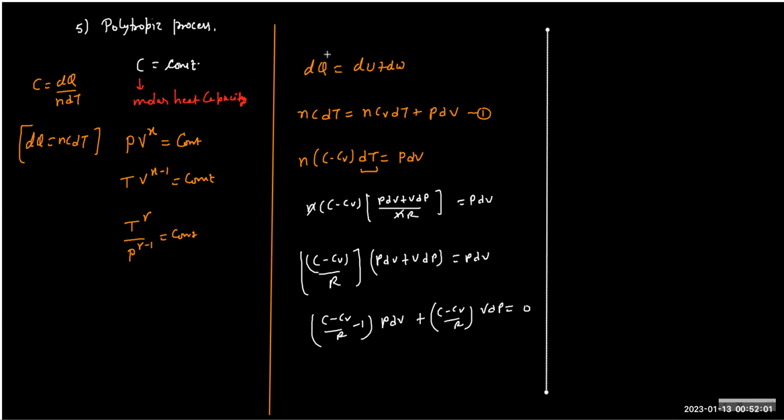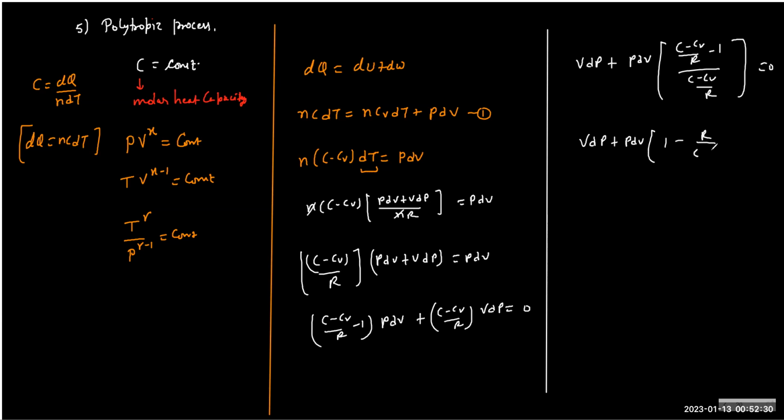Yes. And then I'll do the same trick. So V dP plus P dV times (C minus CV by R minus 1) upon (C minus CV by R) equals 0. So C minus CV, I mean, this is really bad. I can write it as 1 minus R upon (C minus CV).